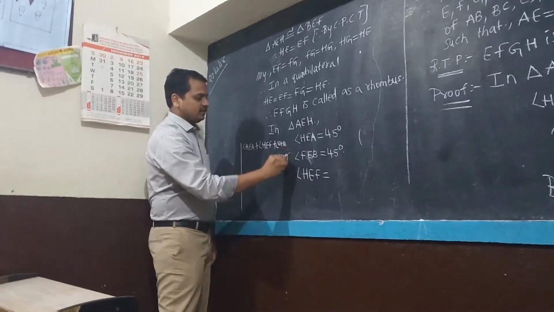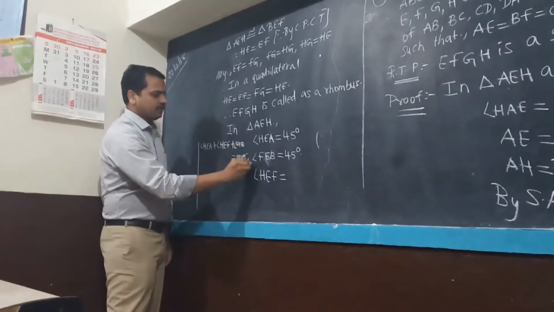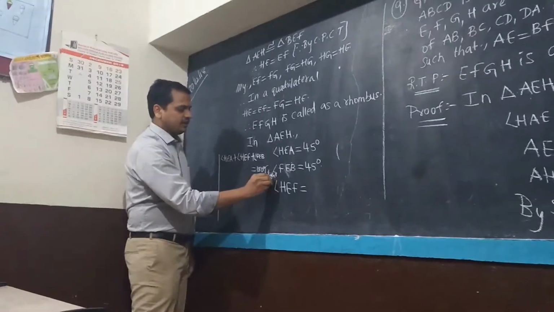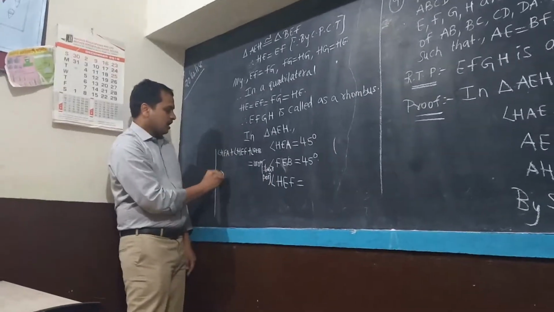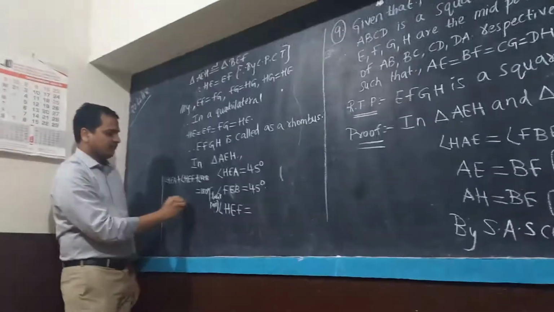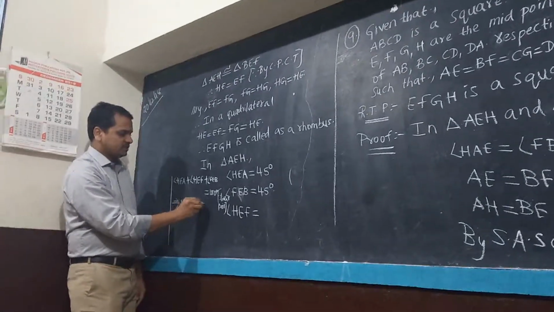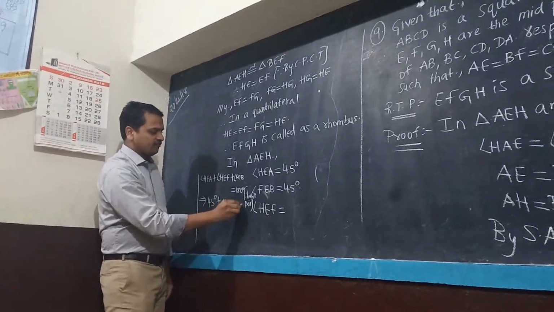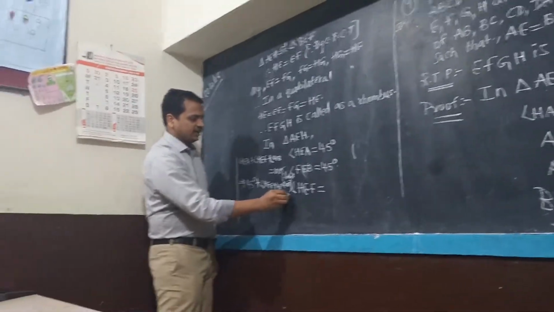Since it is forming a linear pair, angle HEA is 45 degrees plus angle HEF plus angle FEB, which is 45 degrees, is equal to 180 degrees.